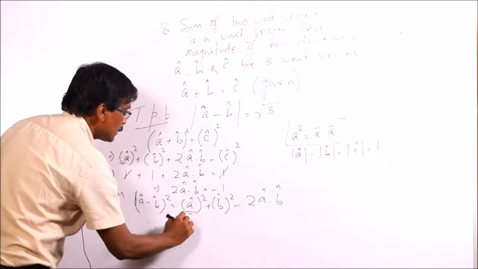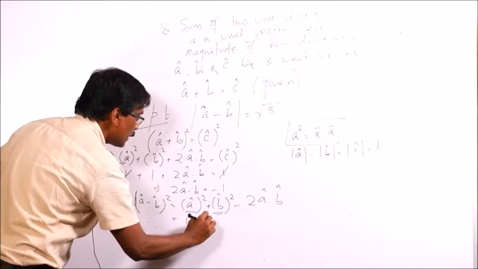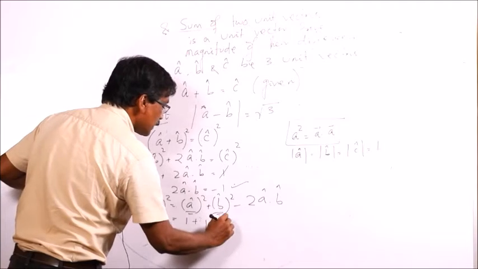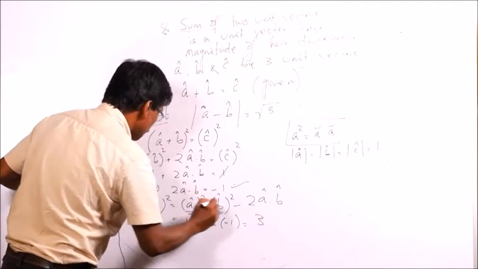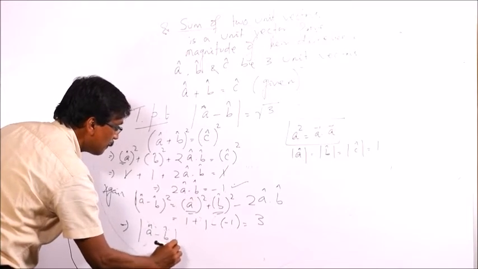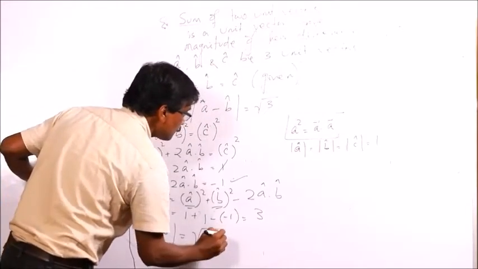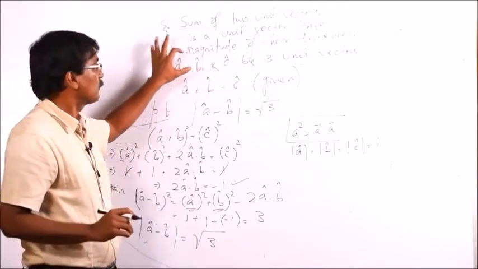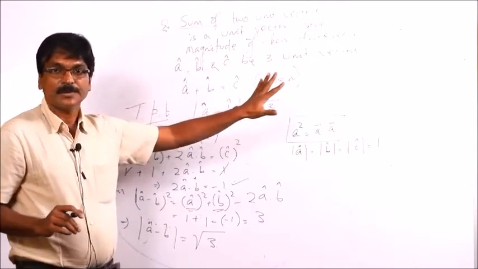A cap square is 1, B cap square is 1 and we have 2 A cap dot B cap equal to minus 1. So this is minus of minus 1. So this is equal to 2. So this implies the magnitude of A cap minus B cap is equal to root 3. So this is one important question, that the difference of 2 unit vectors is a unit vector.